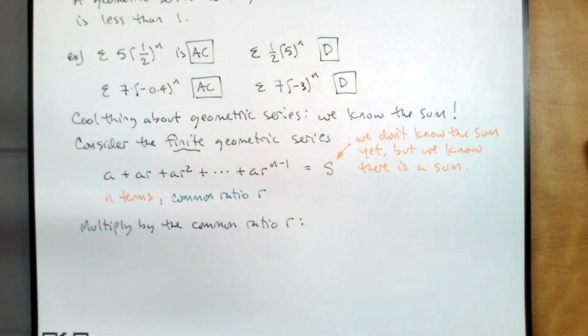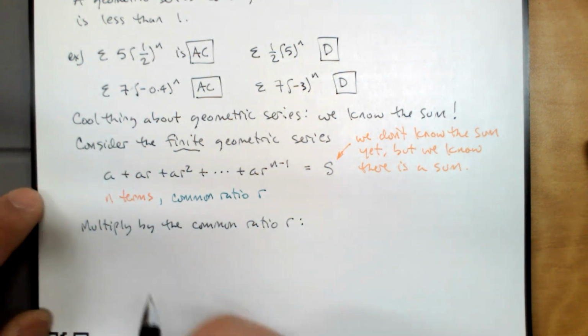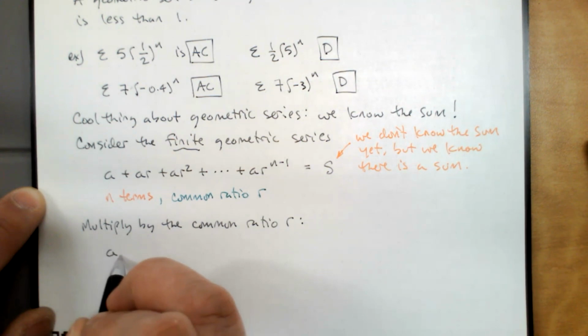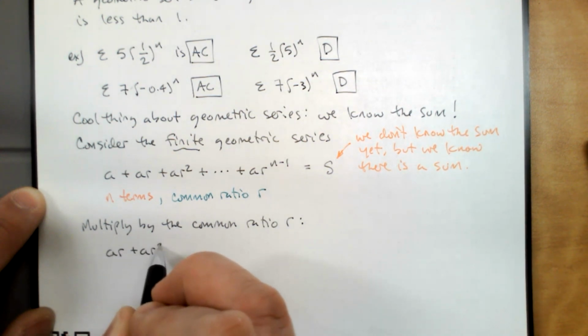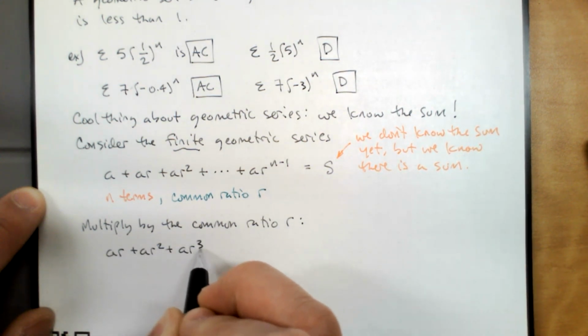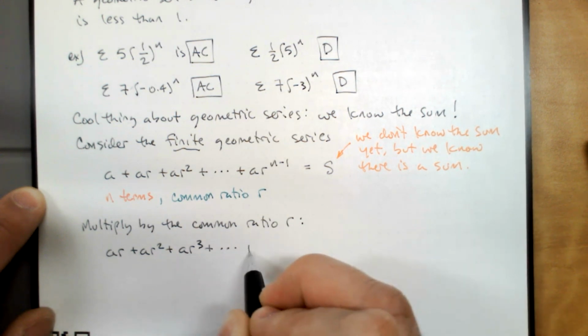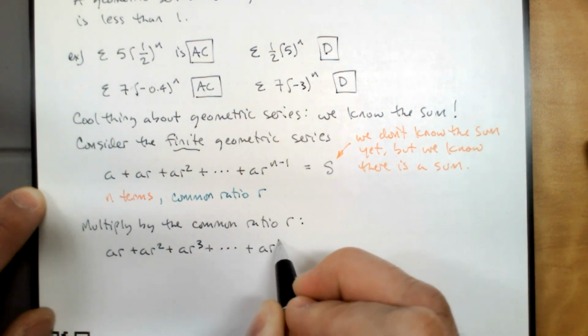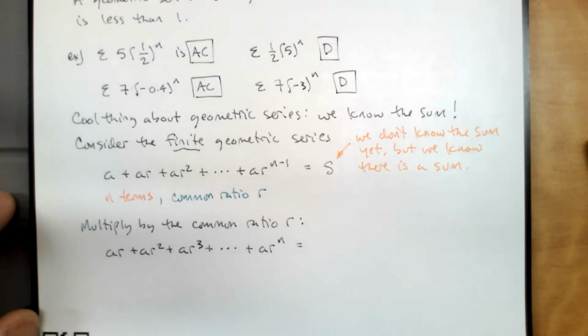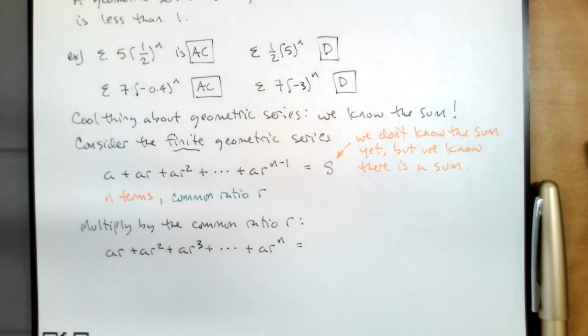This means the first term will be ar, then ar squared, then ar to the third. And then the last term will be ar to the n. If I multiply everything on the left by r, I multiply everything on the right by r.